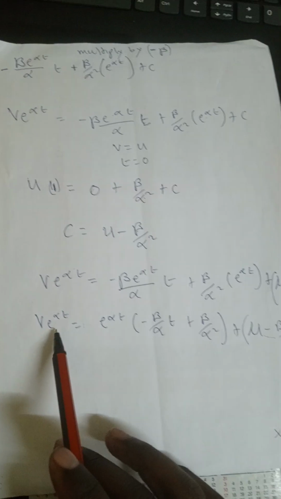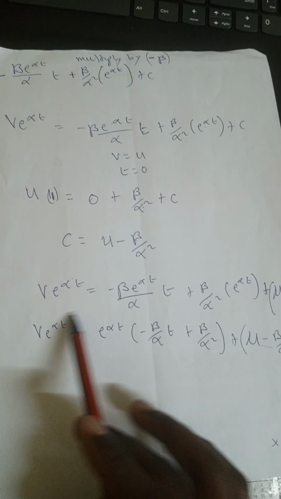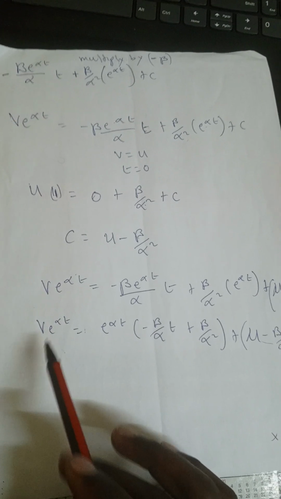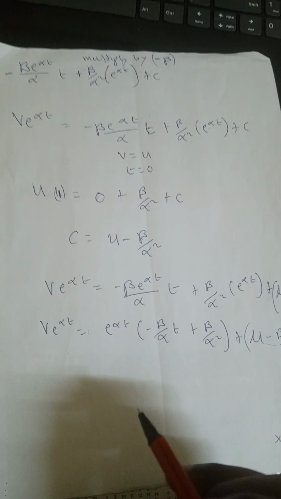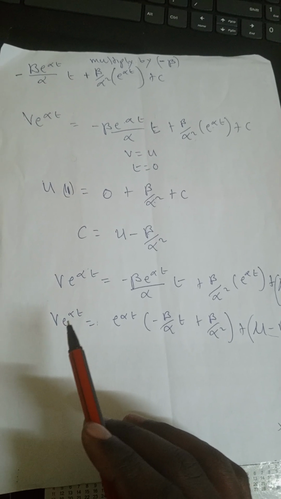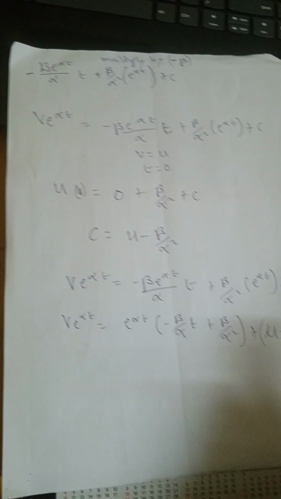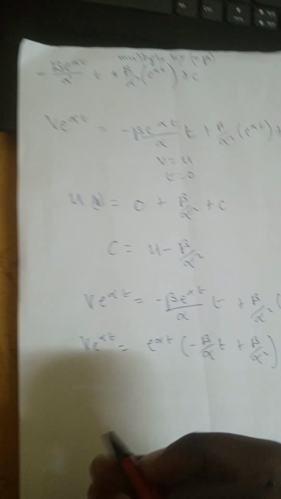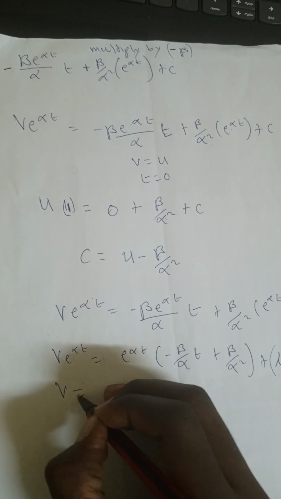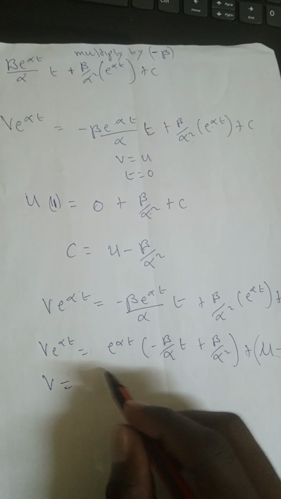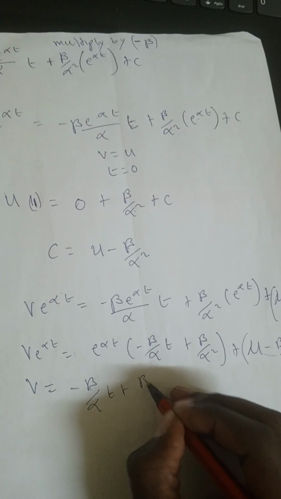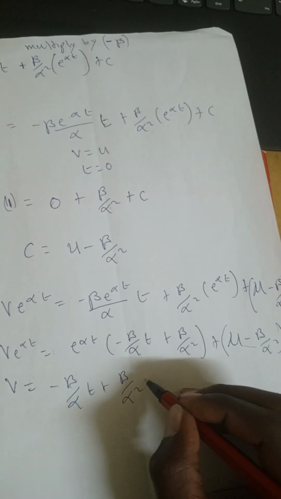Now from here we can just divide by exponent alpha t, which when we divide it will be the same as negative exponent to the power negative alpha multiplied by t. So this is the same as v equal to, when we divide it will go here, this will cancel, so we're going to have negative beta over alpha t plus beta over alpha squared, then plus.